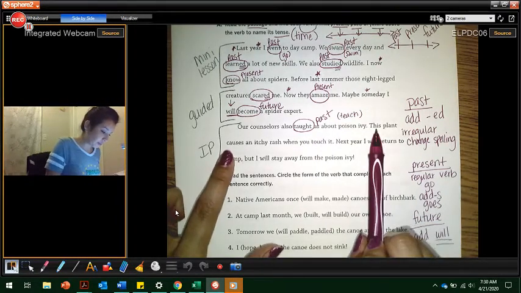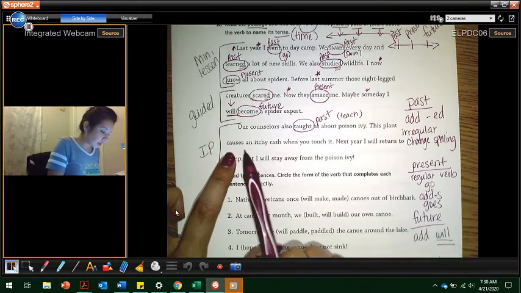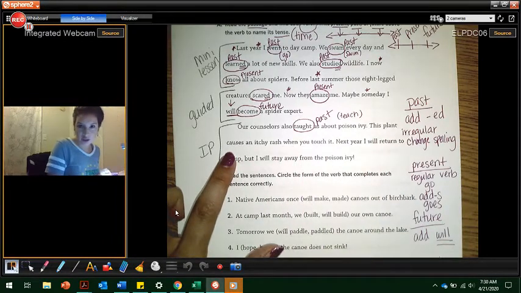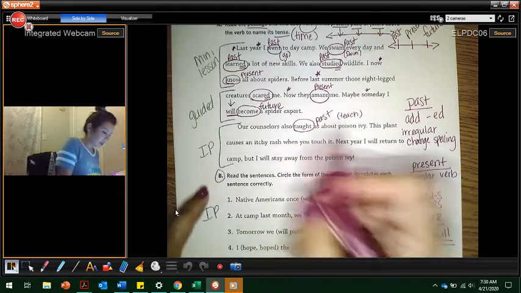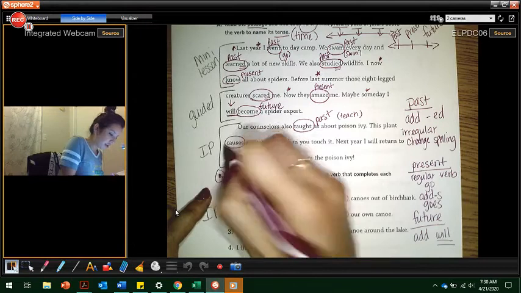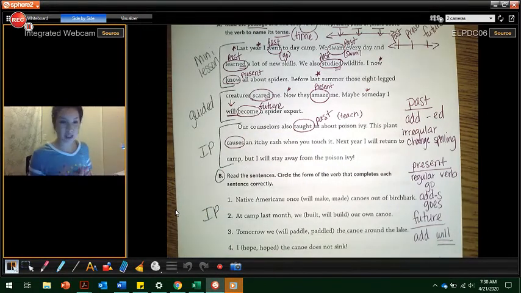Let's continue. This plant causes an itchy rash when you touch it. What's the verb? What's the action happening? I would say causes, because the plant is doing something, it's causing an itchy rash.